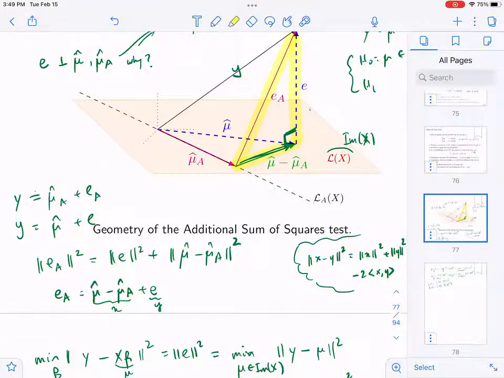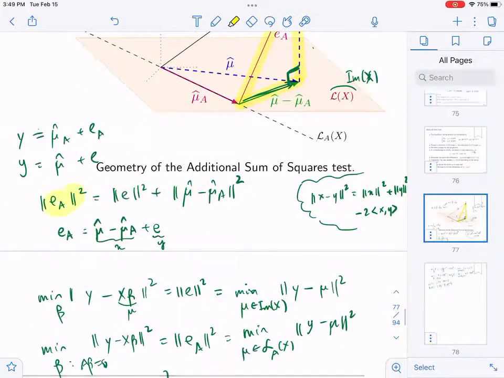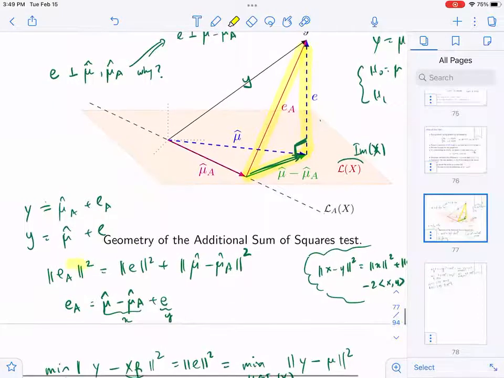So comparing how close mu hat is to mu hat A is equivalent to comparing the difference of these two. And you can also see that this guy is always going to be bigger than this guy.